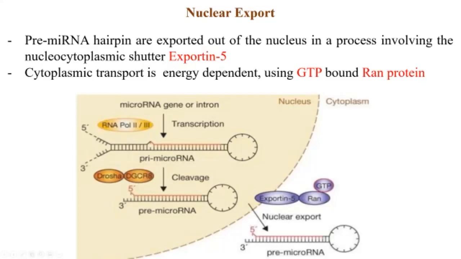As you can see, this Drosha and Pasha cleave the primary microRNA to become a premature microRNA. So these two regions get cleaved and you retain this region, and this region is exported out of the nucleus with the help of exportin 5 and Ran protein, which is mediated by GTP.